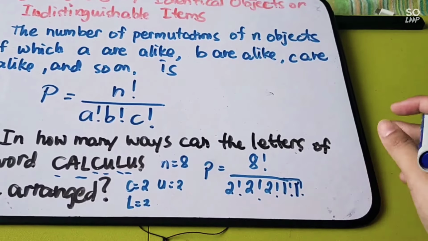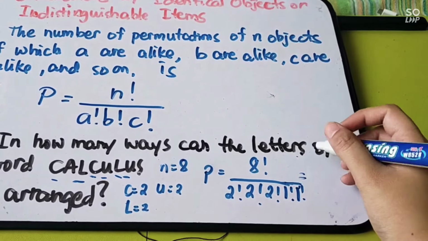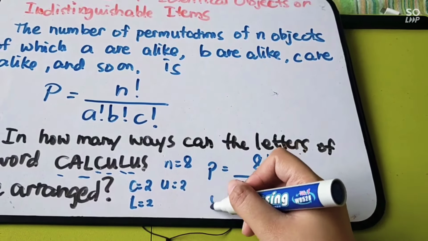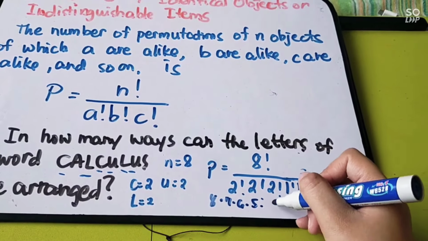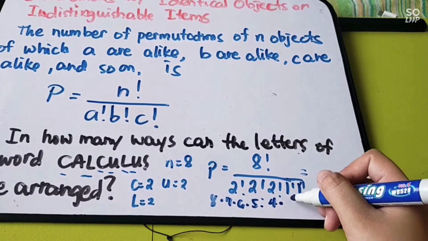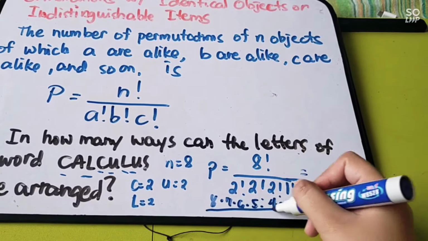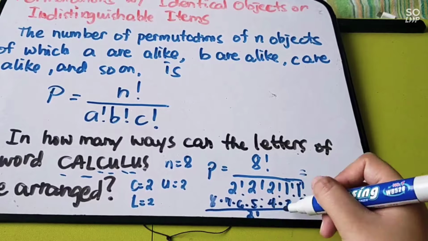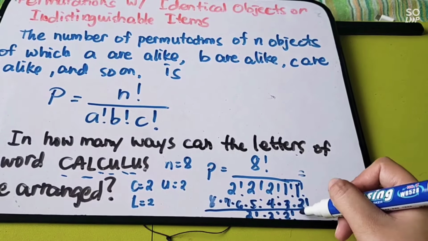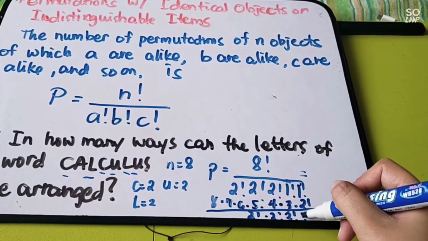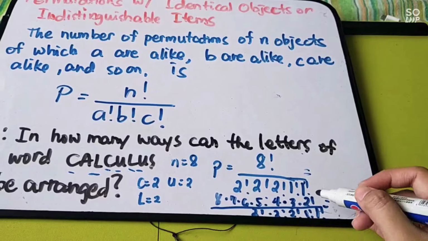Then, afterwards, simplify mo na. So, we have here 8 factorial, so 8 times 7 times 6 times 5 times 4 times 3 times 2 factorial over 2 factorial times 2 factorial times 2 factorial times 1 factorial times 1 factorial. So, cancellation tayo.